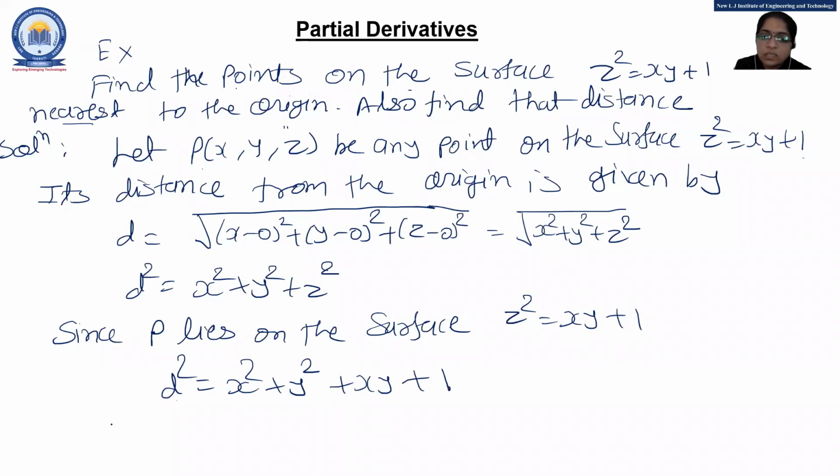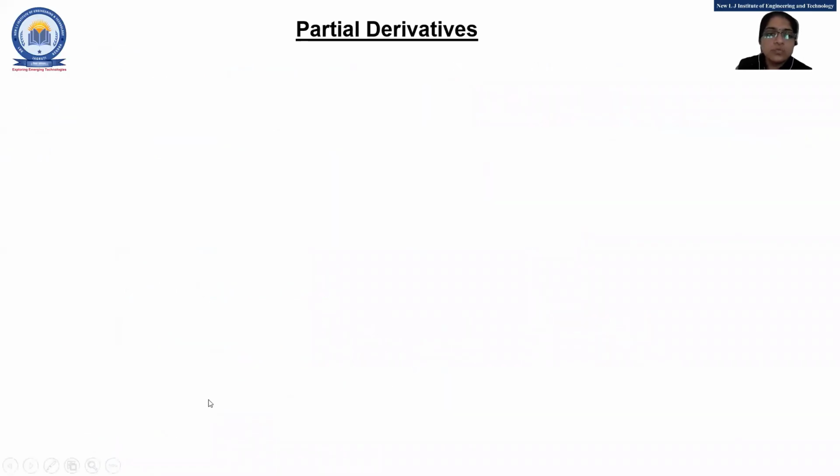So this is our function now, f(x, y), a function of two variables: x square plus y square plus xy plus 1. Now our function is converted to two variables. So we are doing step 1 for extreme values.